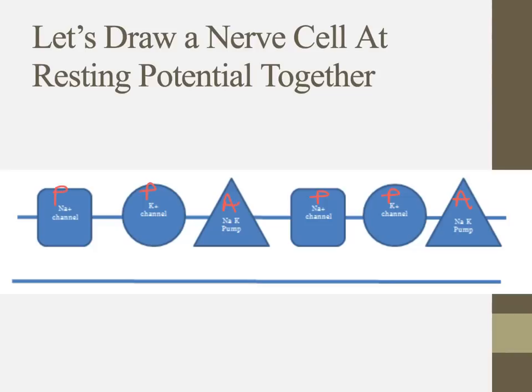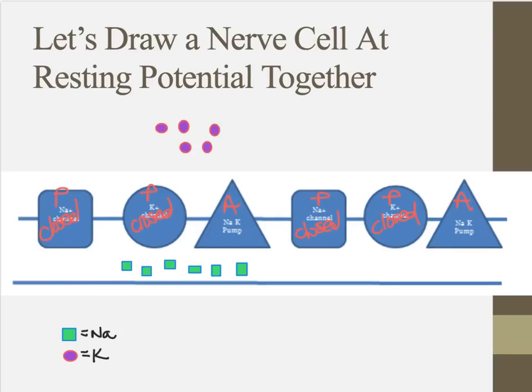During a resting potential, these guys are going to be closed. So these channels are going to be closed, and we'll tell you why in just a moment. Okay, so what's going to happen is that I'm going to take the sodium ions and I'm going to be pumping them out.